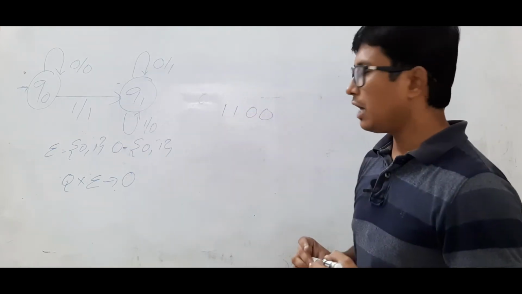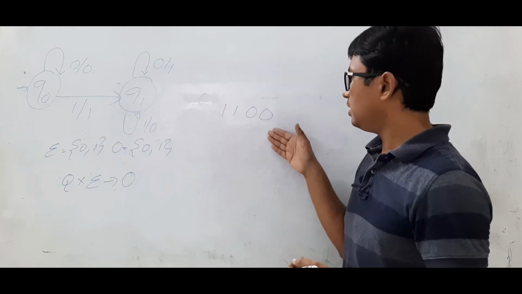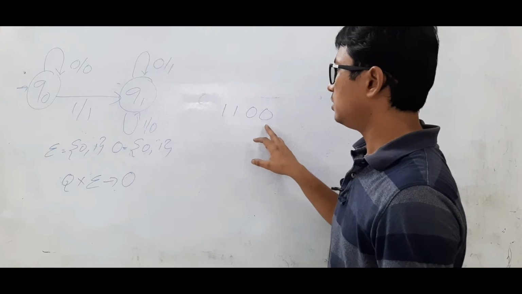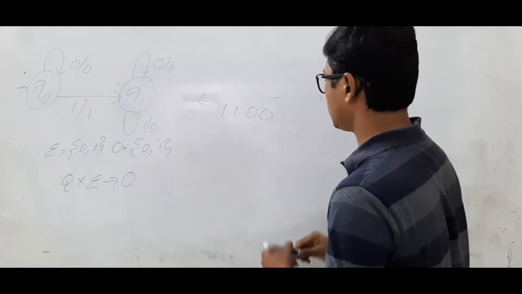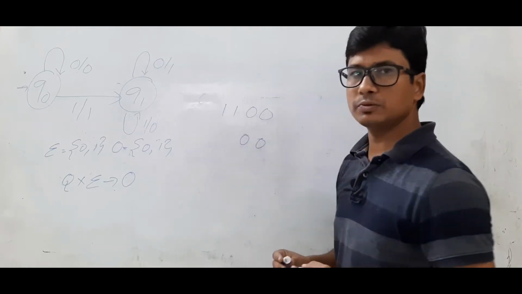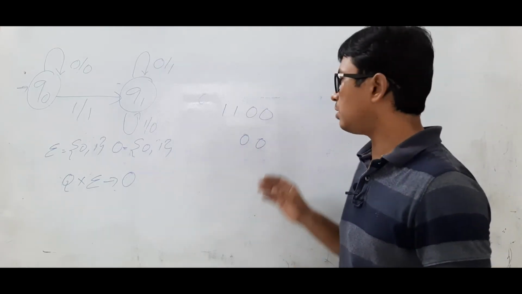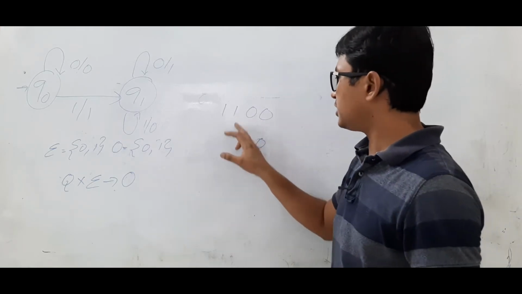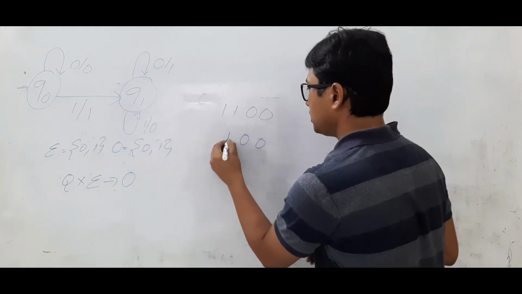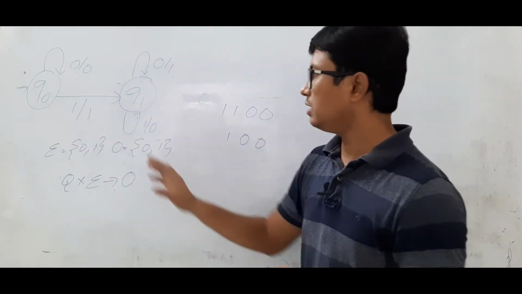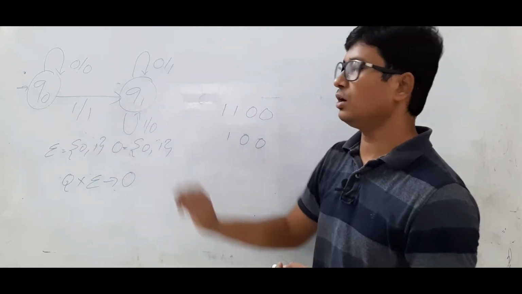Take 1100. I will traverse the string from left to right. I am in the initial state Q0. Q0 on 0 produces output 0, and on again 0 it produces output 0, because whenever you are calculating the 2's complement, the first zeros you keep as zeros, and the first 1 you keep as 1. Q0 on 1 you keep output 1 and go to the next state Q1.